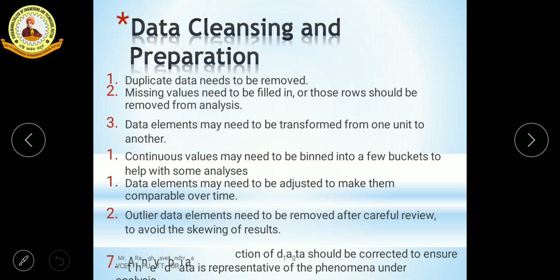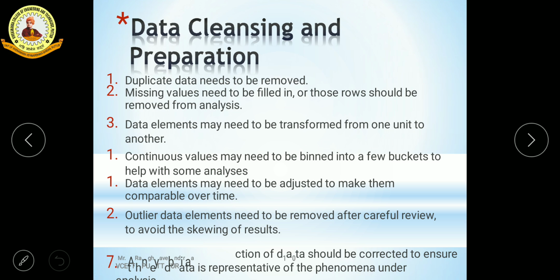Okay, then the second step in data mining is data cleansing and preparation. So the quality of the data is critical to the success and value of the data mining project, right? And the situation will be of the kind of garbage in, garbage out. If it is not clean and proper data, then the quality of incoming data varies by the source and nature of the data, right?